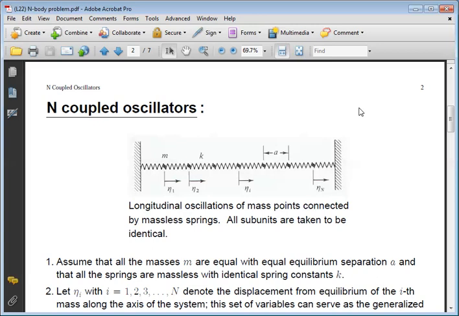As we have more and more coupled oscillators, we need to solve a set of n coupled homogeneous algebraic equations, right?